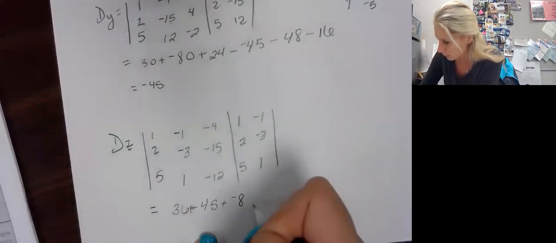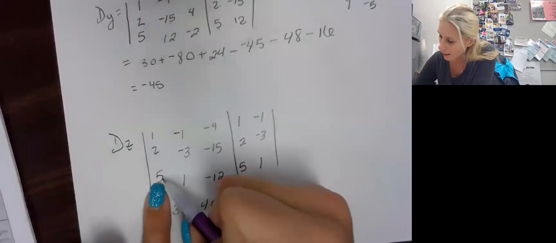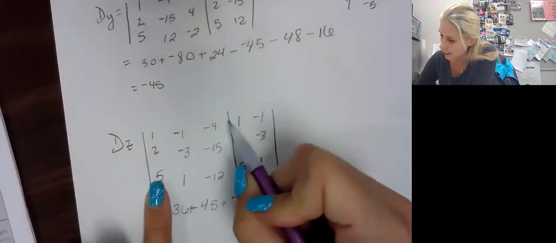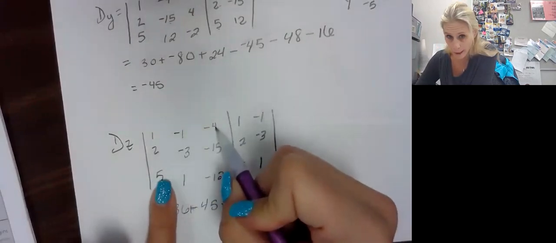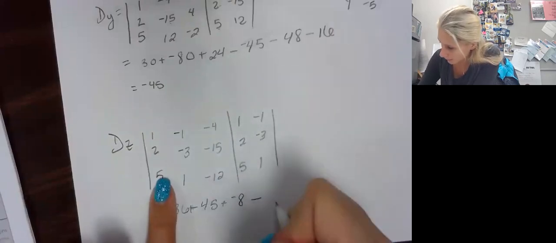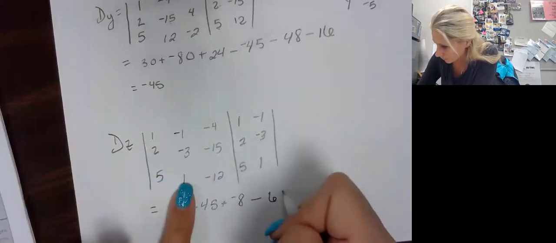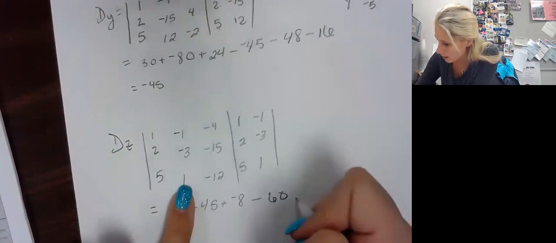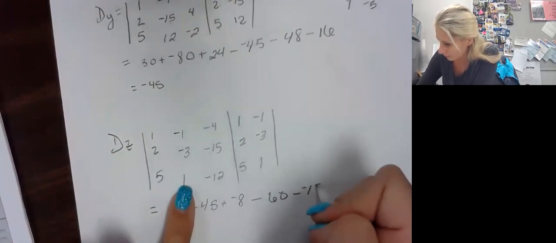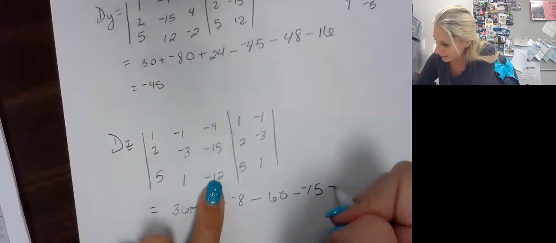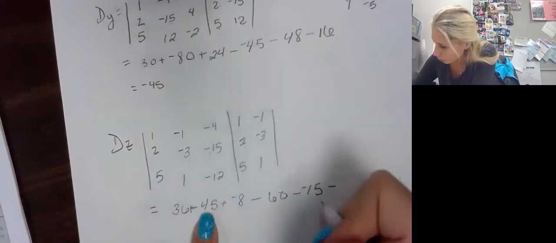Now we're doing our subtraction. 5, let's see, let's do it this way. This would be negative 20. That would be positive 60. Okay, next one, minus a negative 15. Minus, let's do a positive 24.